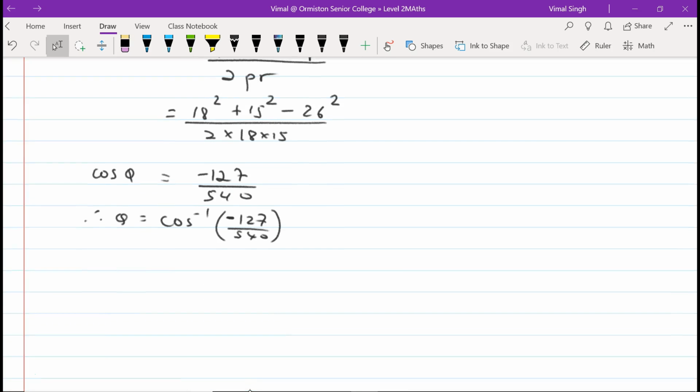And when you do that, shift cos inverse of minus 127 by 540 comes to 103.60 degrees. So Q is equal to 103.60, and that is going to be rounded to 103.6 degrees, correct to one decimal place.